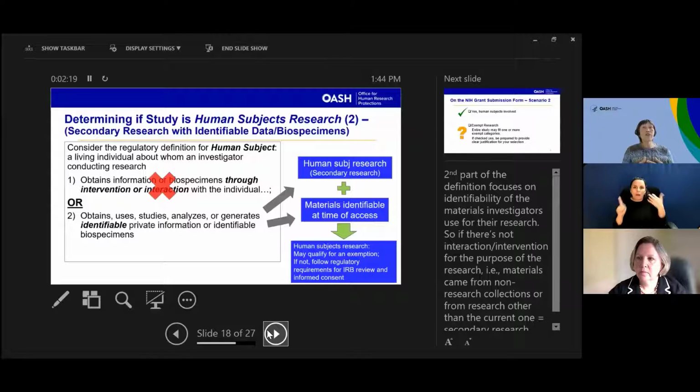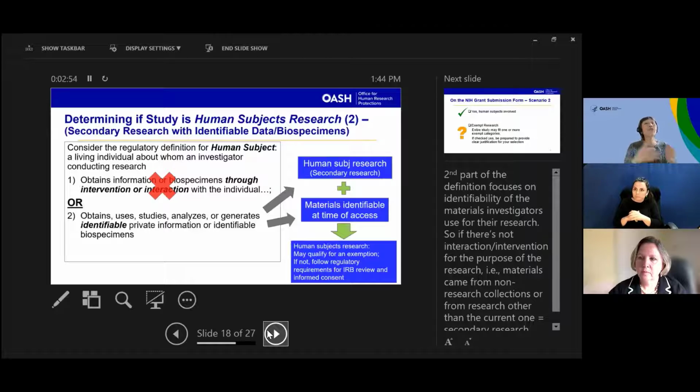So if you were a researcher and you did research in the past, you collected information and materials by interacting and intervening with people. Let's say you did a clinical trial, and you have a whole bunch of information, and you're the principal investigator. Maybe 10 years ago that you did it, and for that project, you already stripped all the linking information to individual identifiable information.